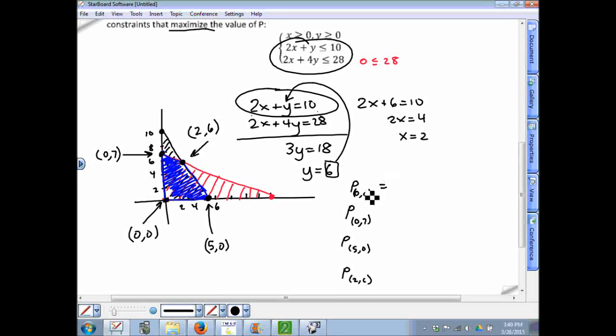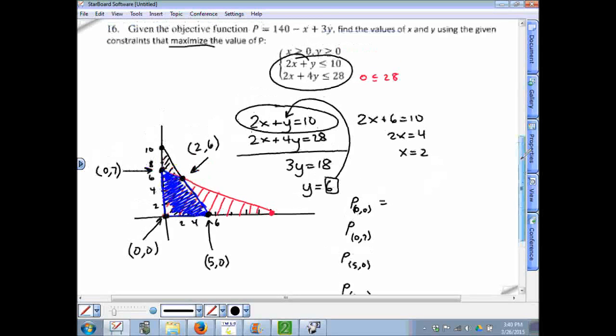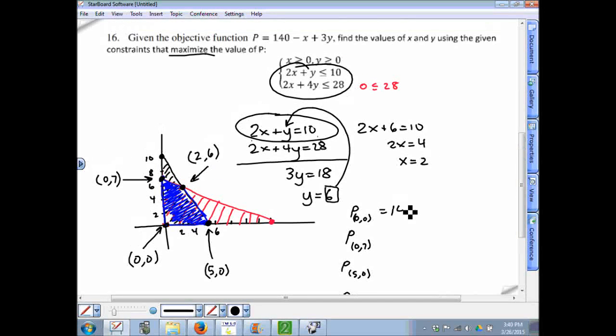When you plug in 0 comma 0 into the objective function, you get 140 minus 0 plus 3 times 0, which is 140. When you plug in 0 comma 7, it's 140 minus 0 plus 3 times 7.